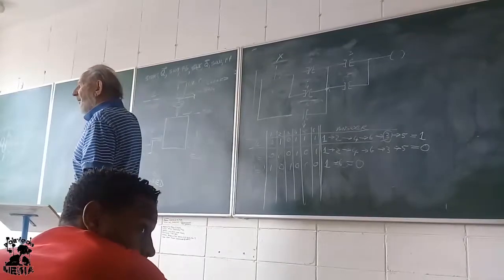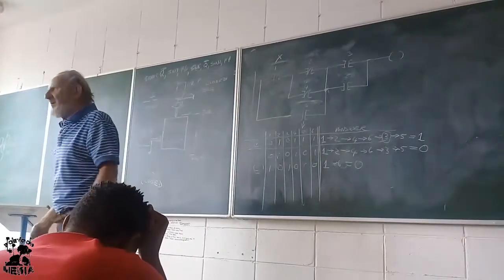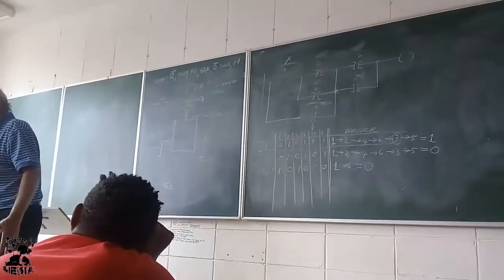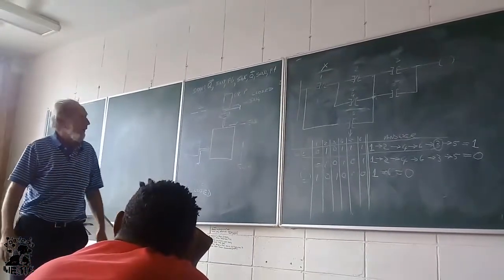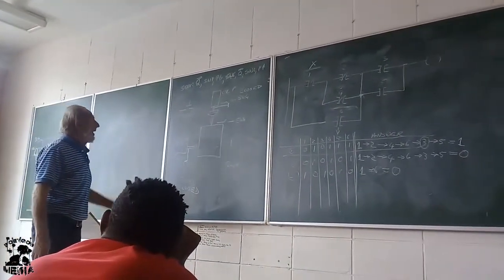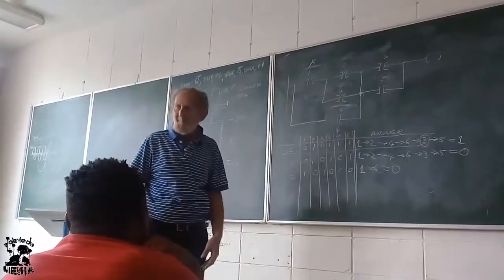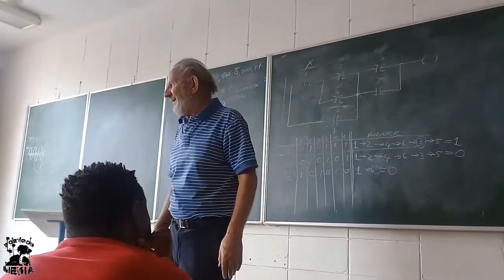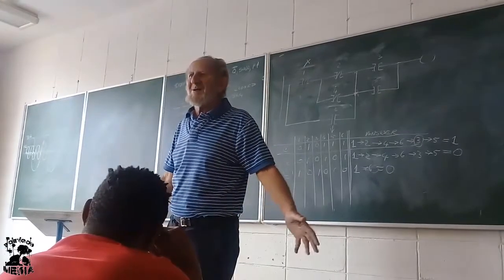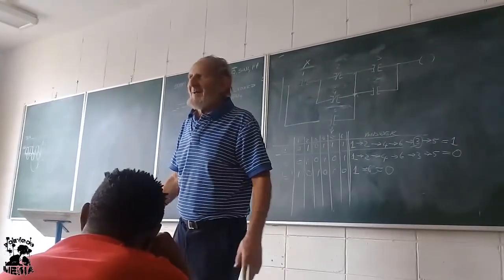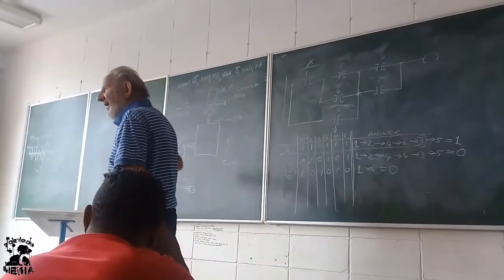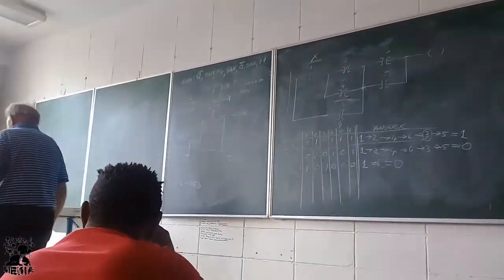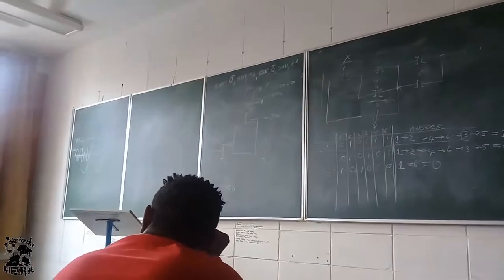It is on top. So there's no problem with switch 2 being closed. What about switch 4? Oh, I don't see switch 4 there. It's not part of the logic. So it doesn't matter.